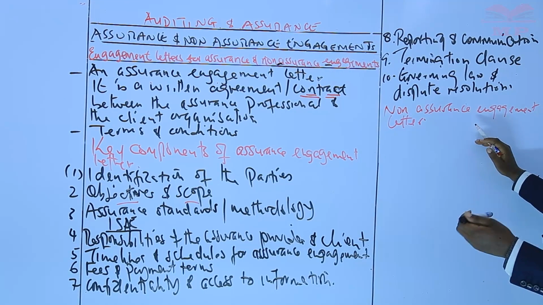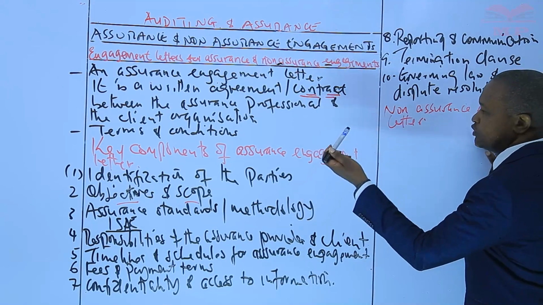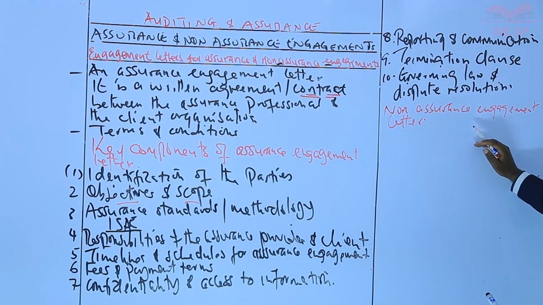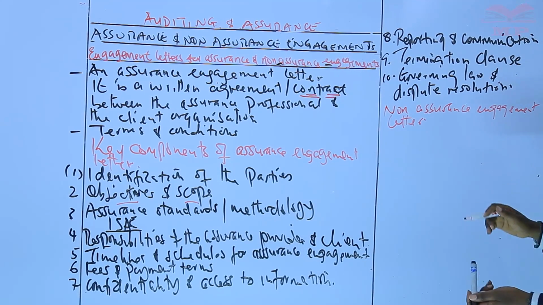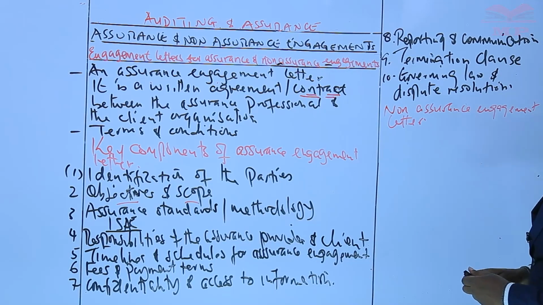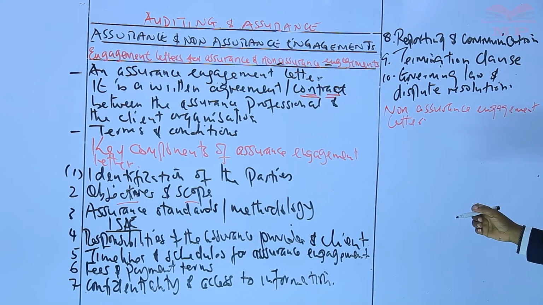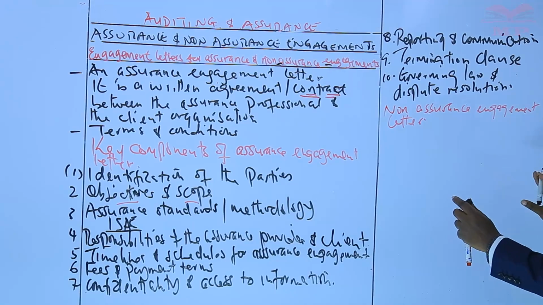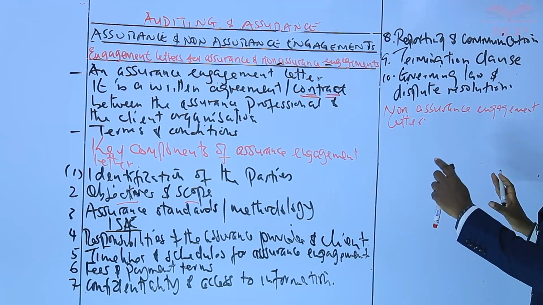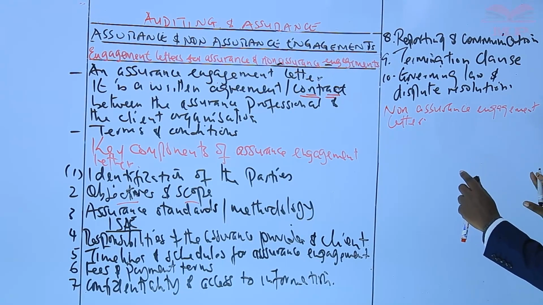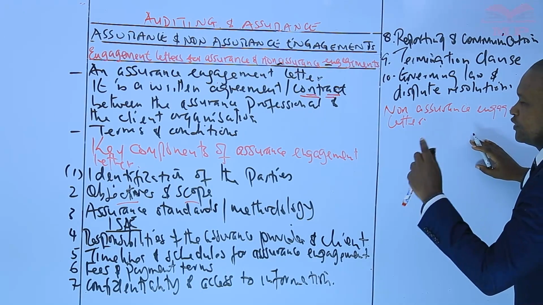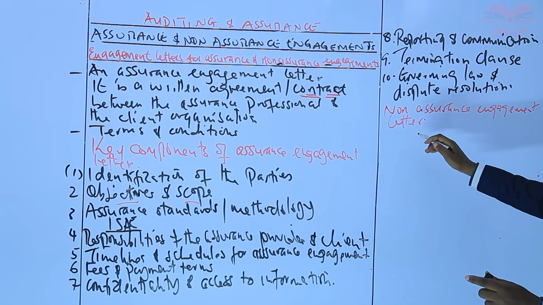We made a clear distinction between the two. So we've discussed the key components of an assurance engagement. We now want to move on to the letter that covers the contract between a non-assurance professional and the client.